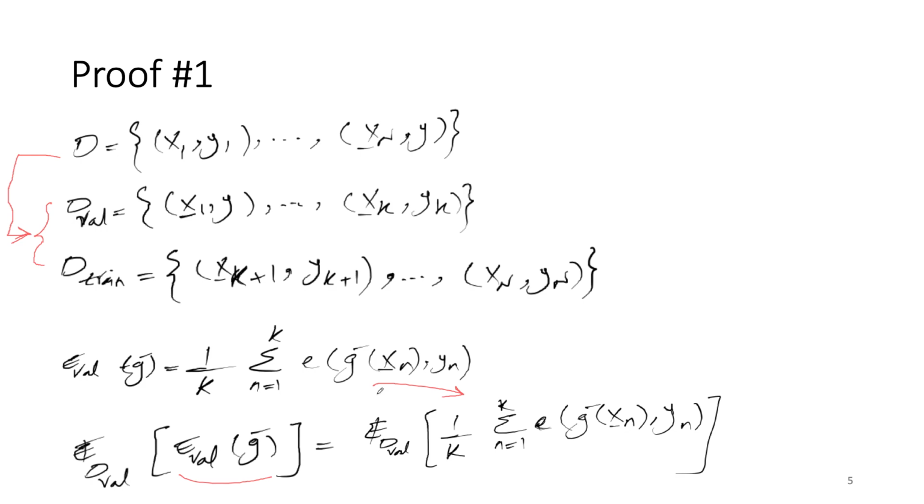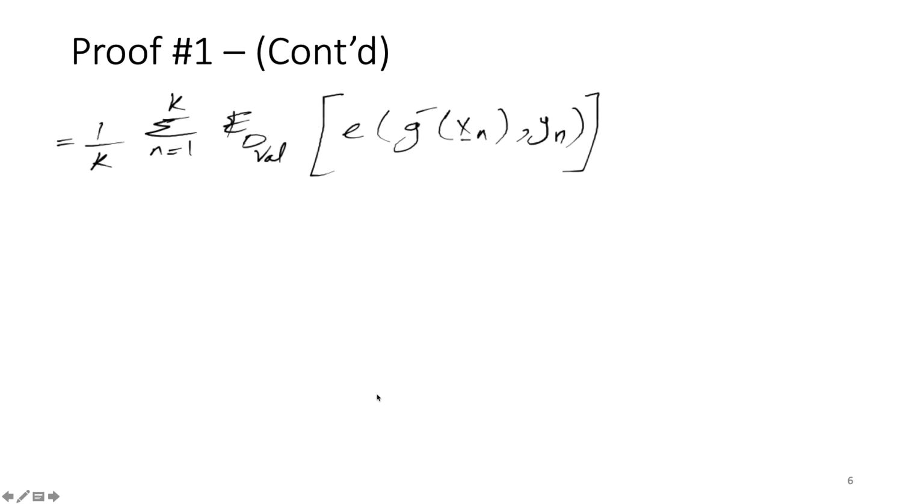Okay, so now let's carry on. Now we can bring the 1 over K and the summation out of the expected value here, and what is left is the pointwise error of g minus bar x, our estimate, and the real labels, right, yn.